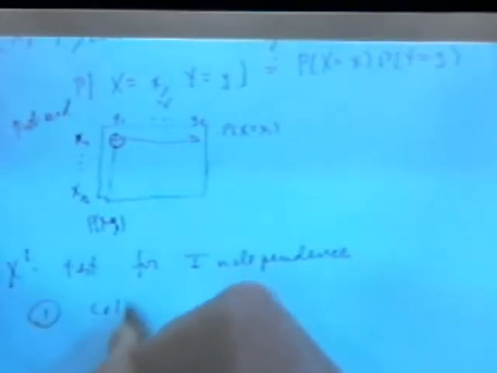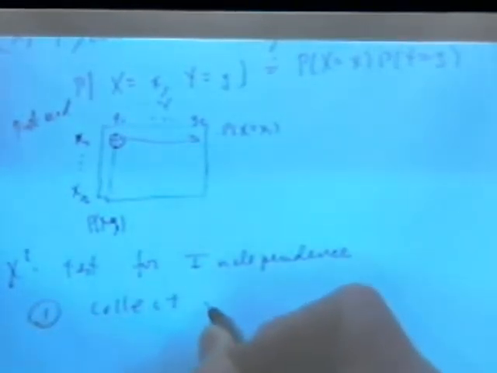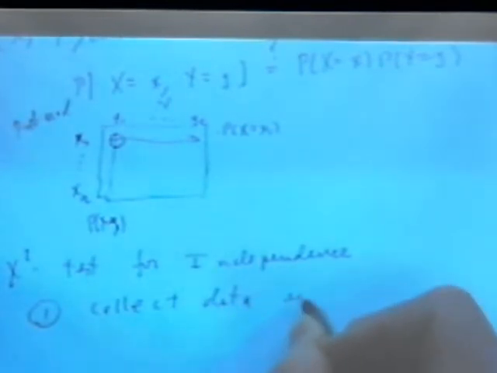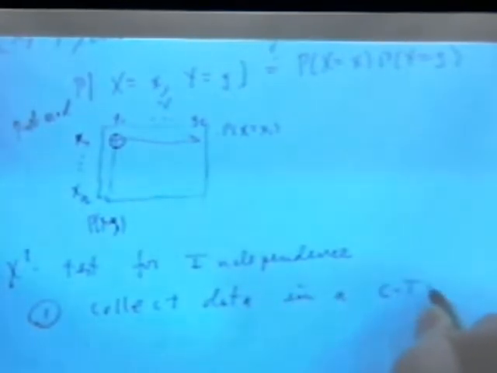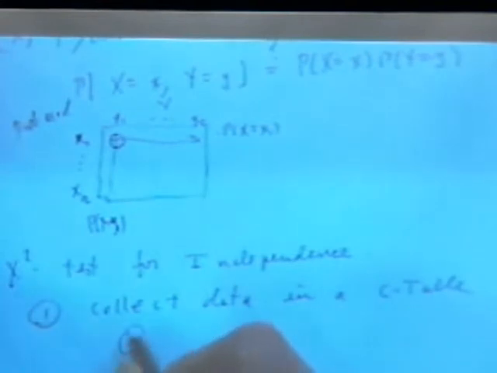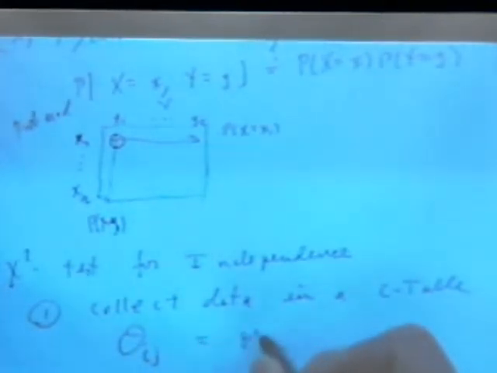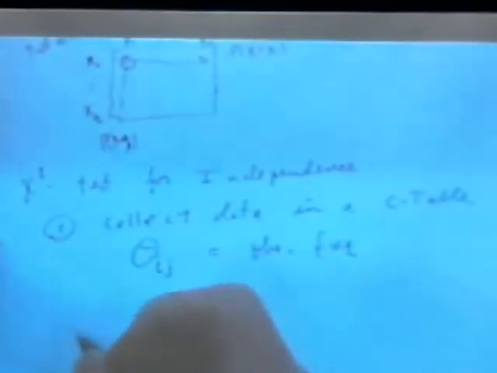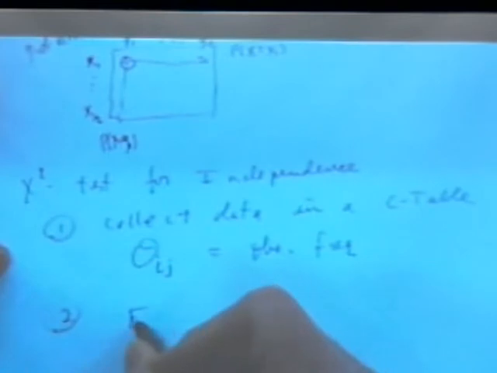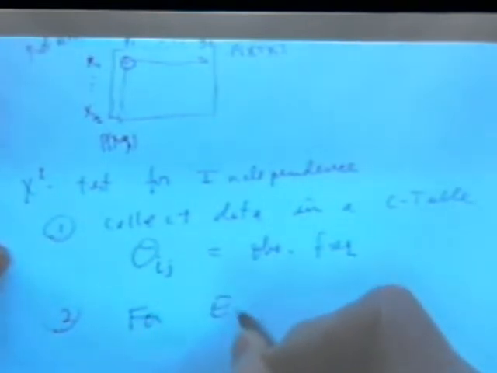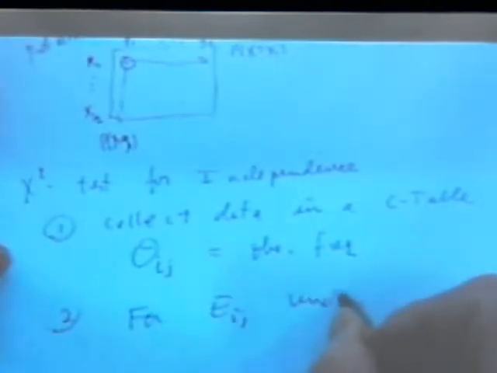You just collect the data in the C table. Your rows, the observed frequencies. The E_ij is under independence.